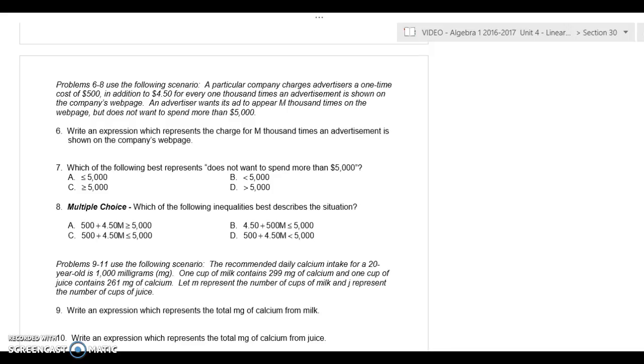6 through 8 uses the following scenario. A particular company charges advertisers a one-time cost of $500 in addition to $450 for every 1,000 times an advertisement is shown on the website. An advertiser wants its ad to appear m,000 times on the web page, but does not want to spend more than 5,000.